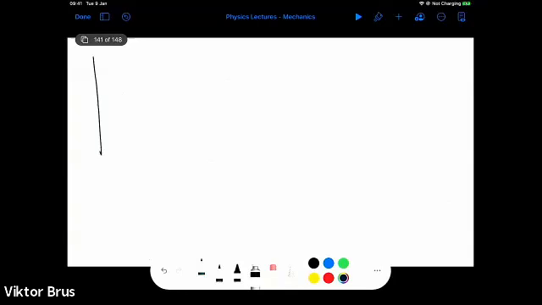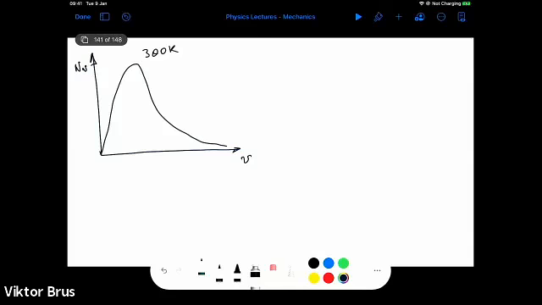So if we have, let's say, N(v) versus v here for one distribution, it's the same system, but this distribution is at 300 Kelvin.